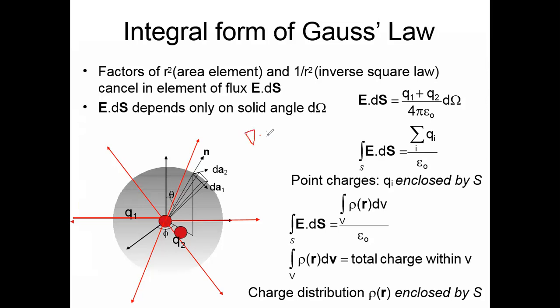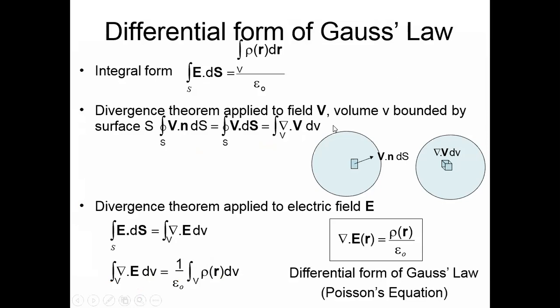Del dot D vector equals rho_v. So del dot D means you should also remember that the divergence of the flux density is equal to the volume charge density. Yes or no? Yes, sir. If in terms of E I am writing, then I will have to divide by epsilon naught here.